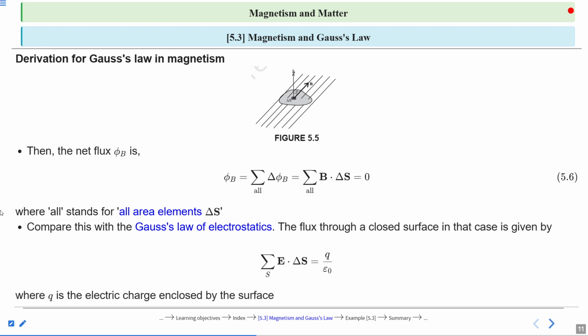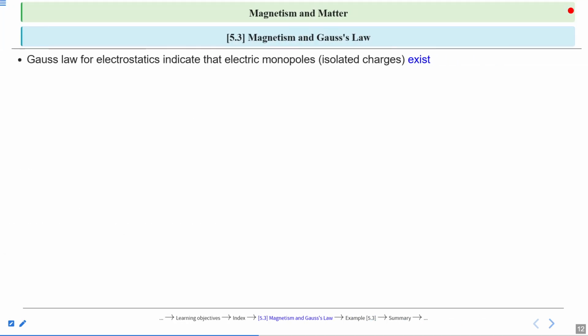Here Q is the electric charge enclosed by the surface. So Gauss law for electrostatics indicates that electric monopoles or isolated charges exist. For electrostatics it is not equal to 0. That means electric monopoles exist. But Gauss law for magnetism, the closed integral of B dot dS, is always 0.